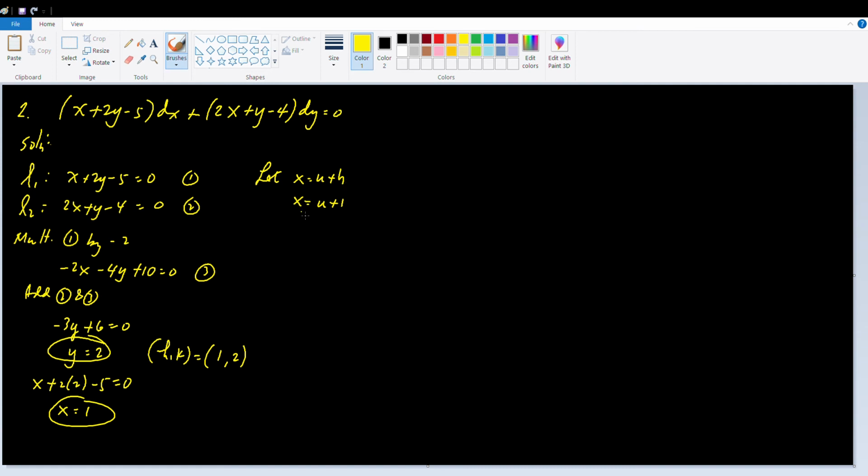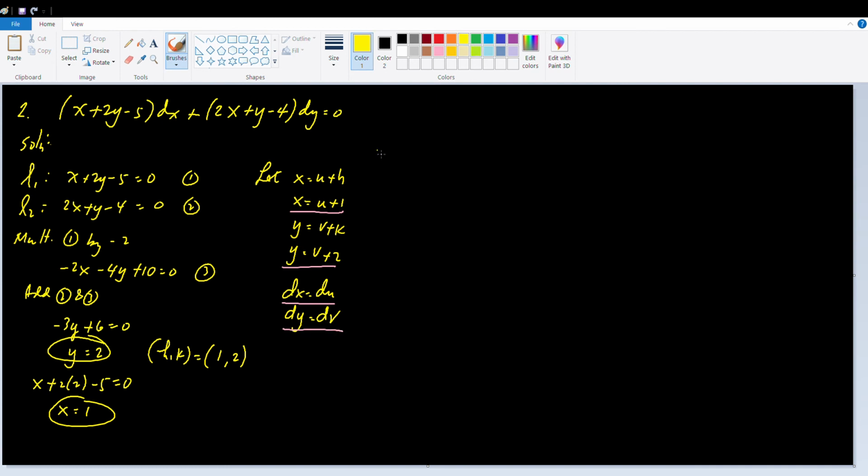And then y is equal to v plus k, where y is equal to v plus 2. Then we also have our dx equal to du and dy equal to dv.